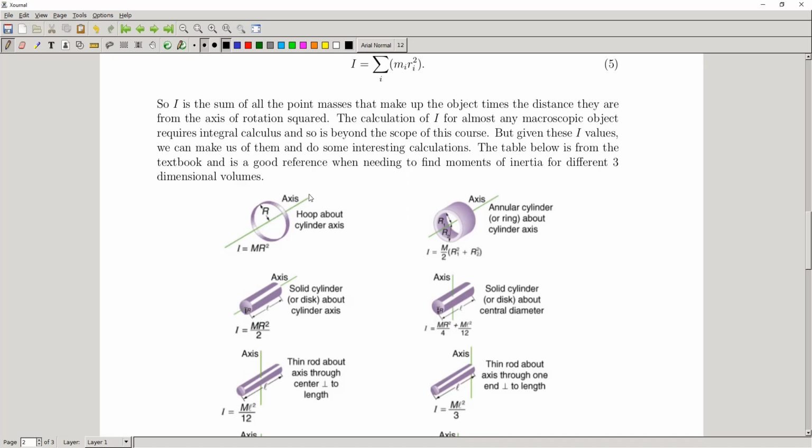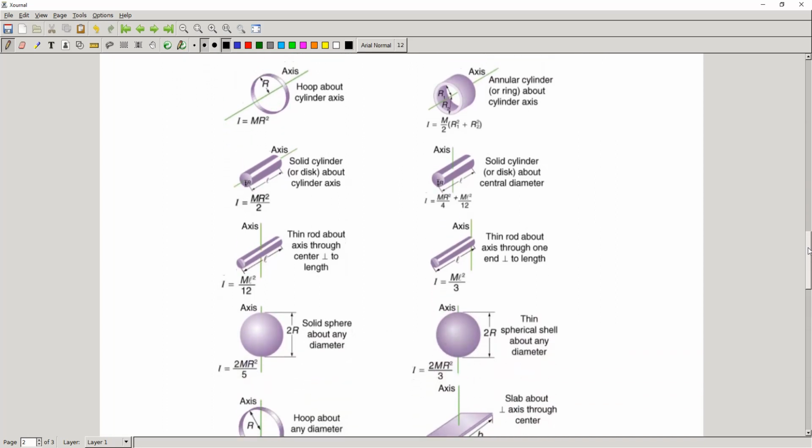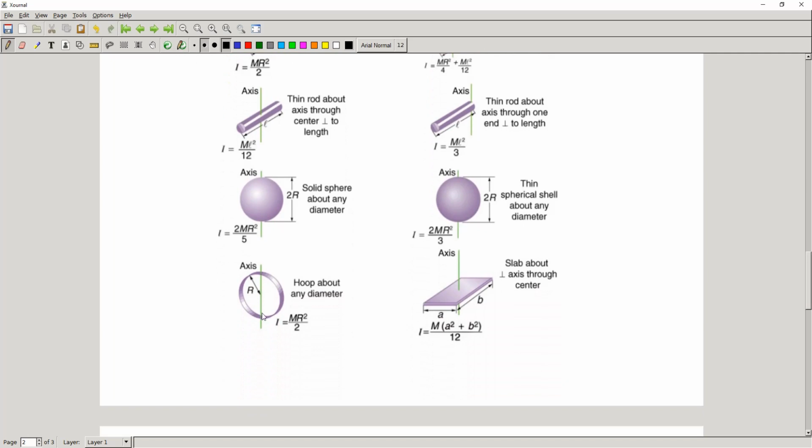That's not the only axis that we could rotate this thing about. We could rotate it about a number of different axes, and we have an example here where the hoop is being rotated with the axis cutting across a diameter, right? And really, in principle, you could rotate this around any axis you wanted.